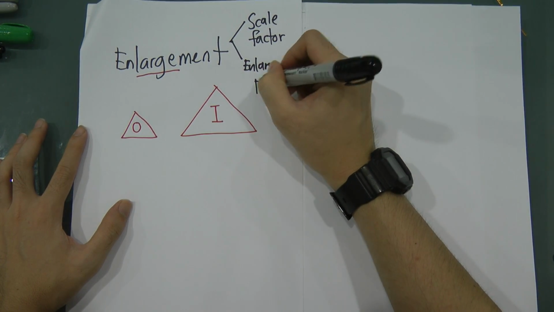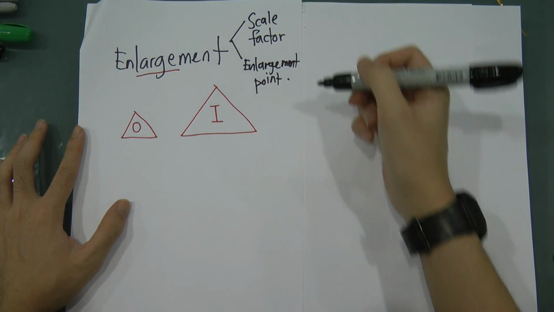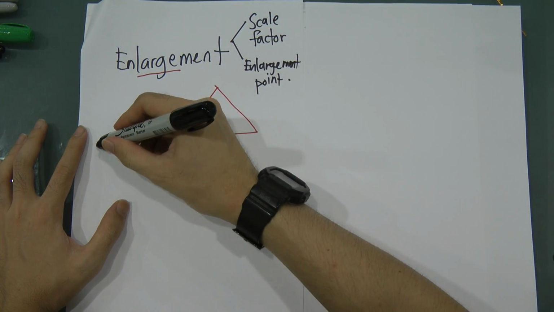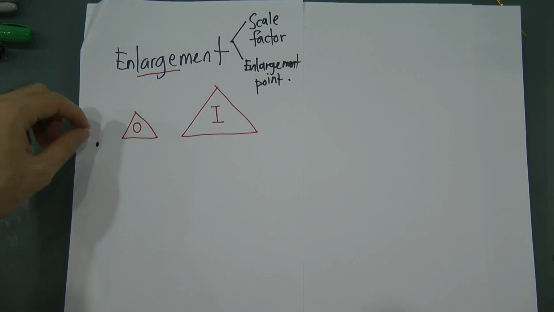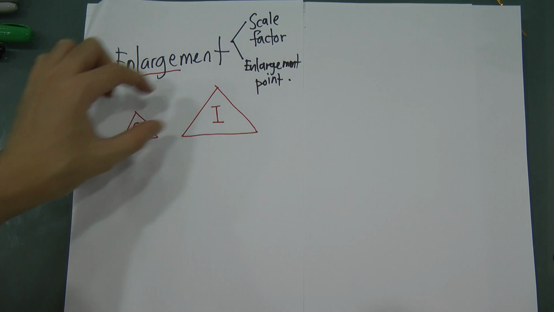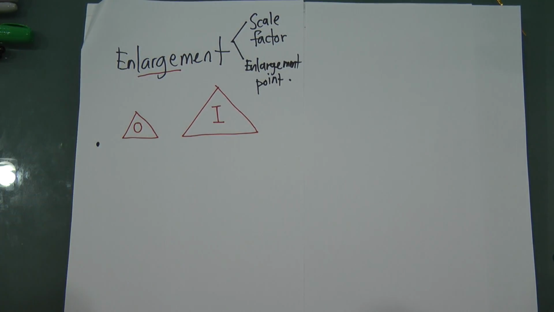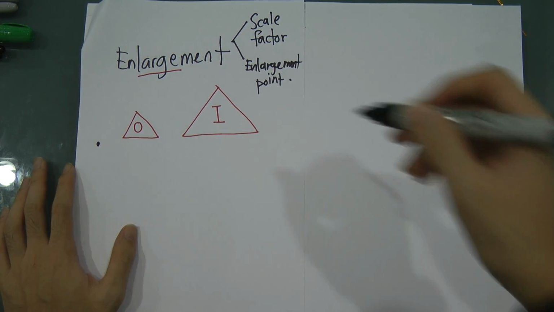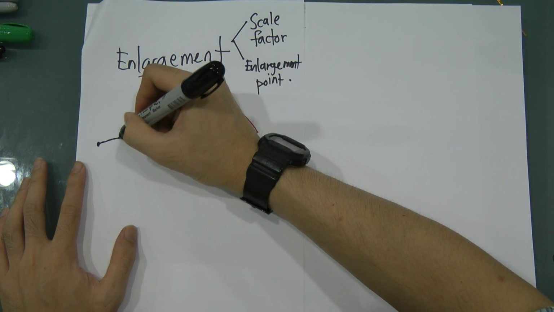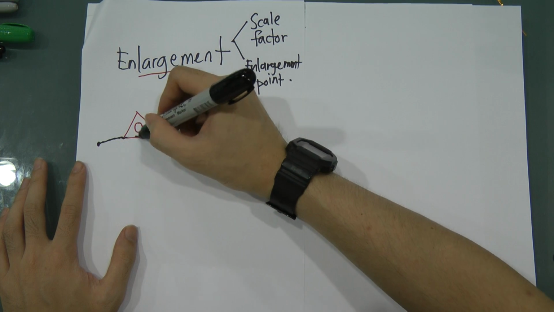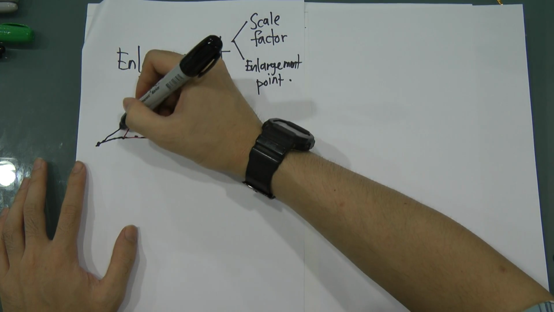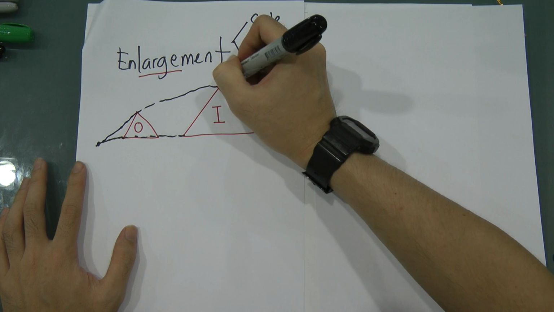Because the enlargement should be from some coordinate, and from this coordinate it enlarges the object to become this big. Then we're going to find the scale factor. Normally the center point, you can connect each coordinate, and you can see that they will touch.